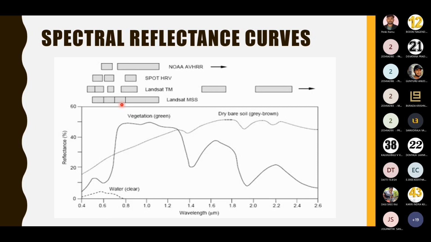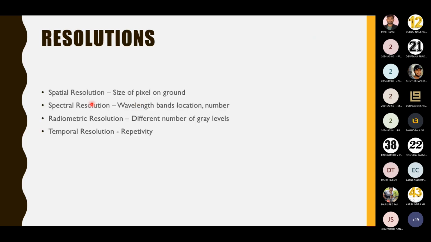And even in this visible and infrared radiation, it can categorize that into different bands like green, red, near infrared and thermal infrared. So spectral resolution talks about the number of wavelength bands and the wavelength region in which the sensor is sensitive.